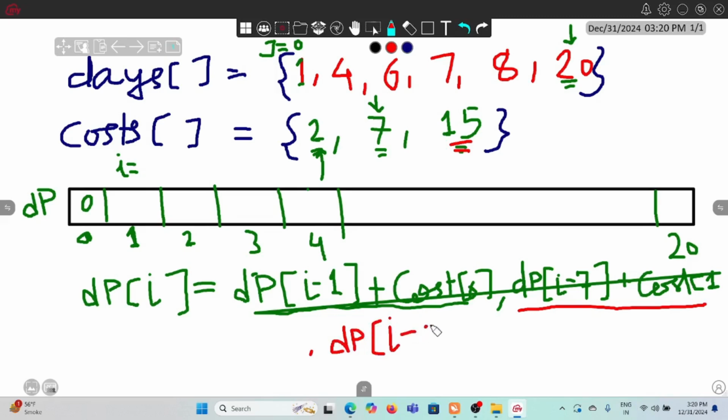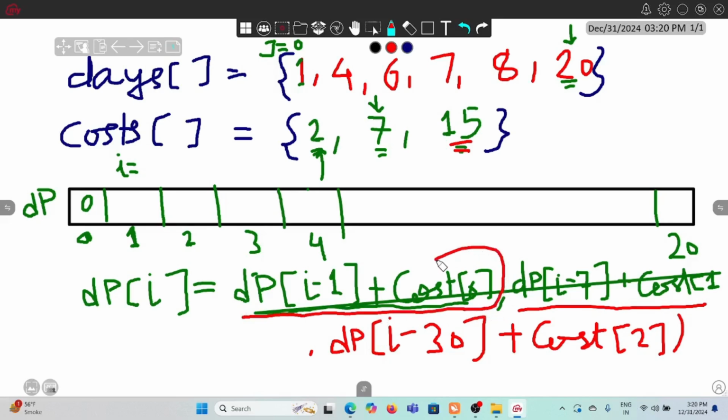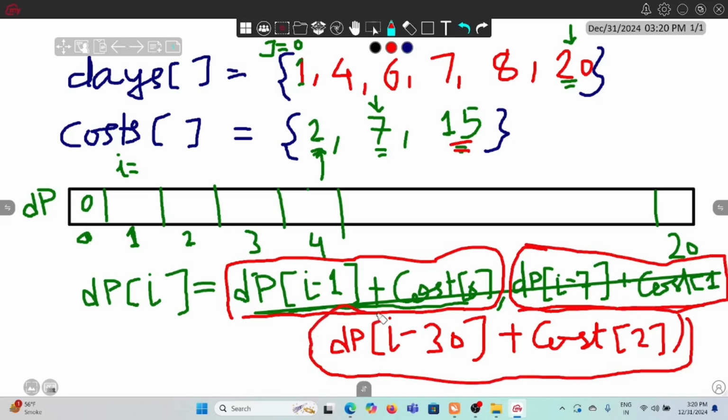That is why we are going till dp of I minus 30 plus the cost of 2. Now whoever is giving us the minimum value out of these three, either we are purchasing a daily pass in this box, or a weekly pass in this box, or a monthly pass in this box, that should lead to our solution.